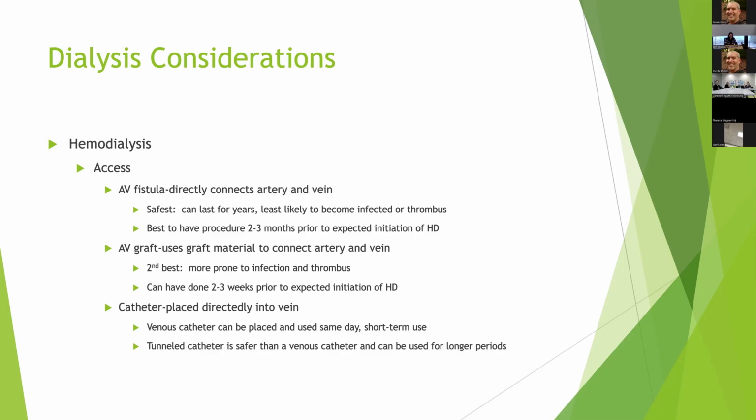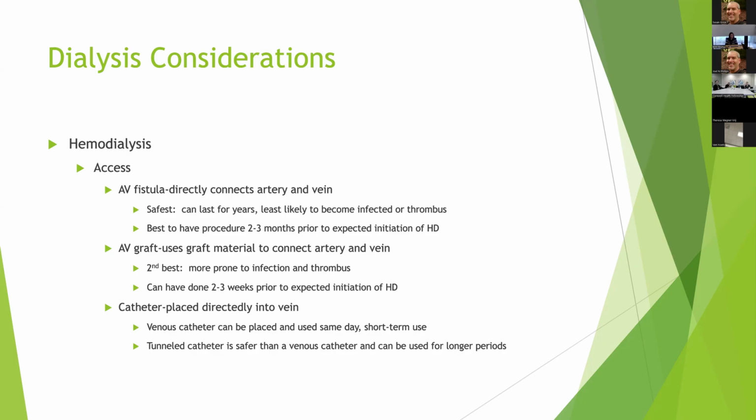Or they say, oh, I've got an appointment coming up for an AV graft. So we'll review those access options for hemodialysis. An AV fistula directly connects an artery to a vein. It's considered the safest access for hemodialysis, and it can last for years.